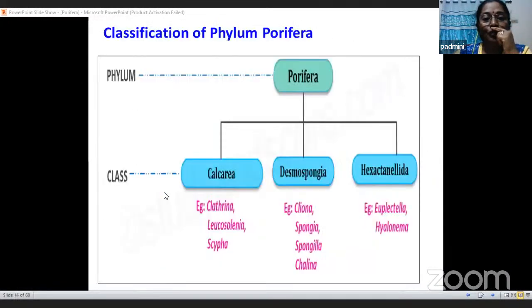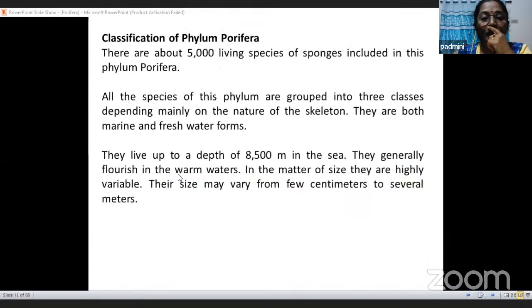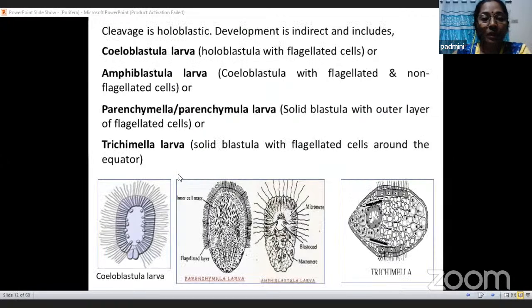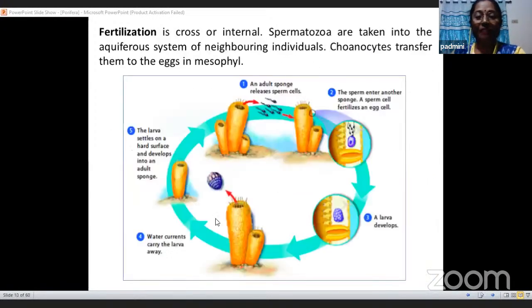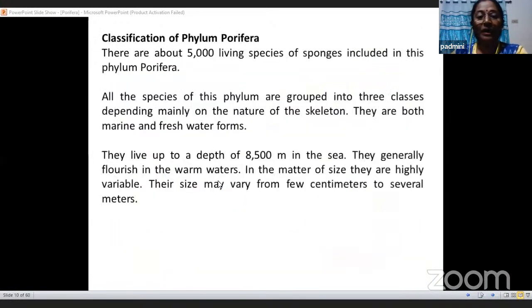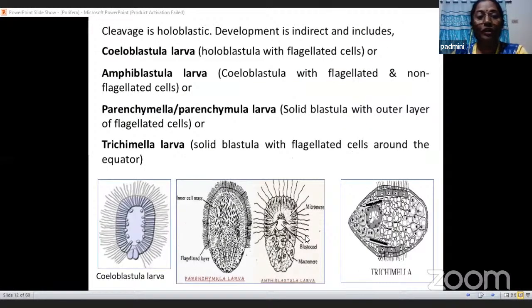When I was talking about the general characters, I wanted to talk about the different larval forms. When the cleavage is holoblastic, it includes 4 different types of larval formation.